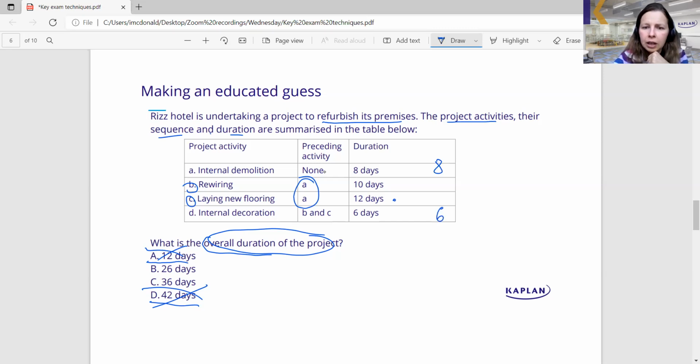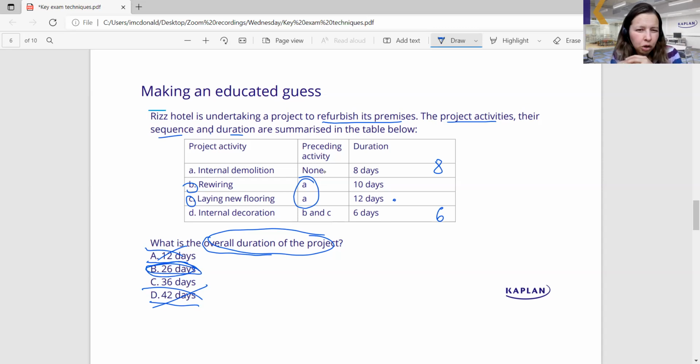I have 6 days for activity D for sure, and maybe something for B and C, but as they're happening simultaneously, that probably will be taking pretty much the same amount of time. So 8 plus 6 plus roughly 10 or 12 is going to give me a number closer to 26 days.